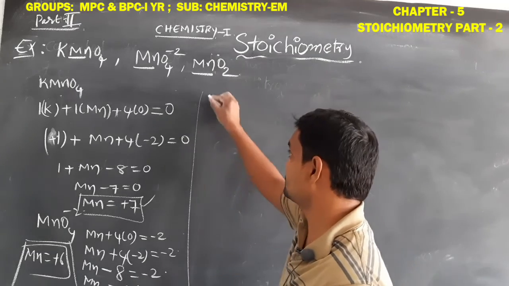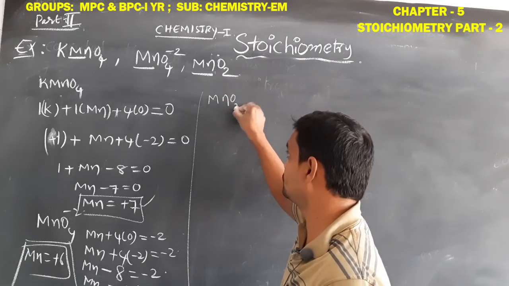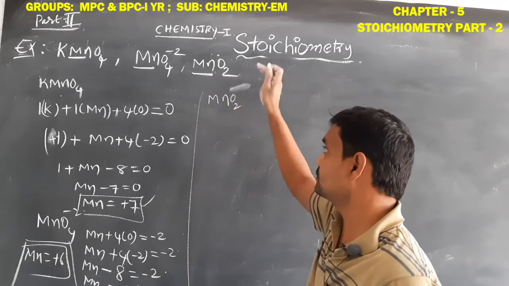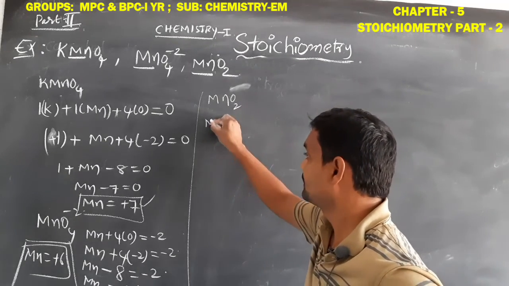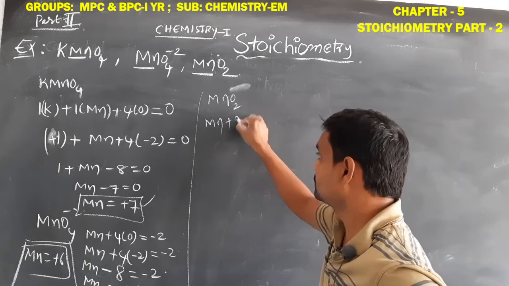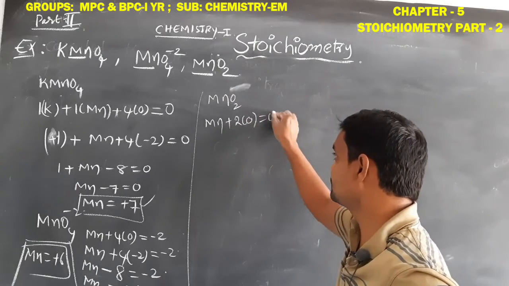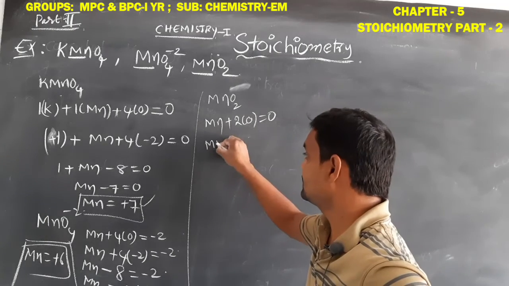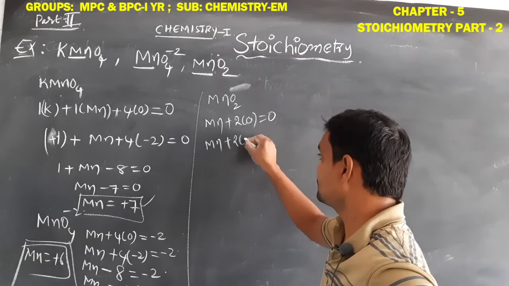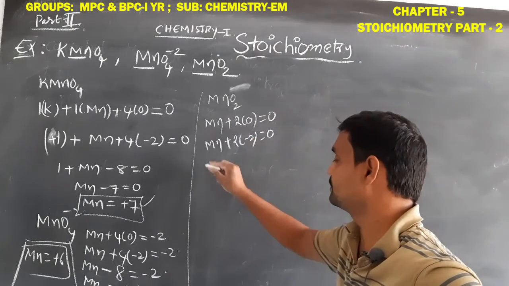Then we solve another example, that is MnO2. Here also we should find out the manganese oxidation number. Same process. Manganese 1, 2 oxygens is equal to 0. Okay students? So manganese plus 2 into oxygen is minus 2 is equal to 0.